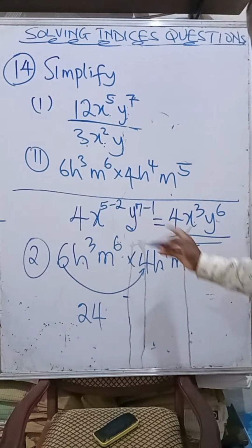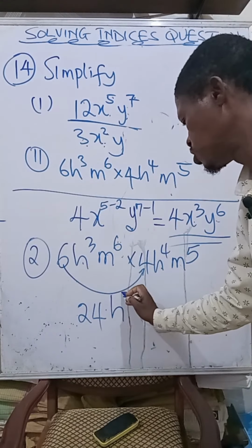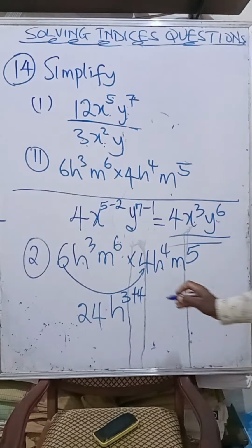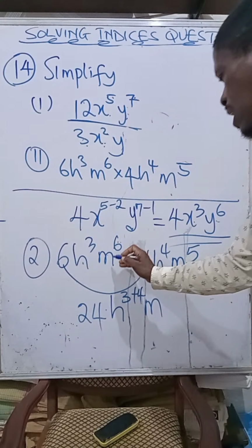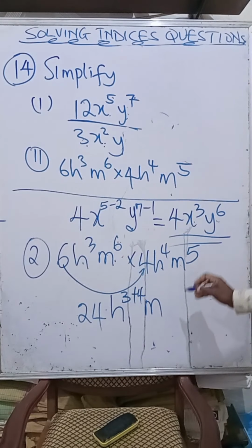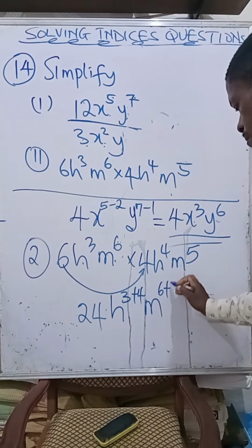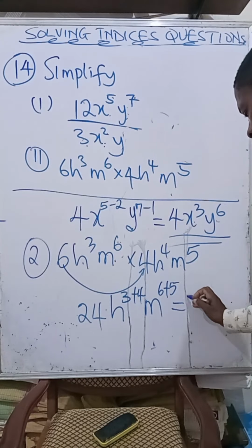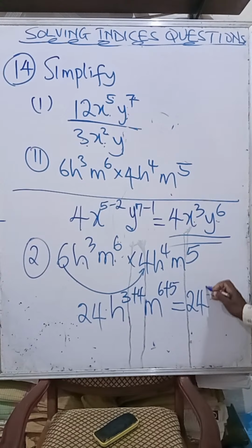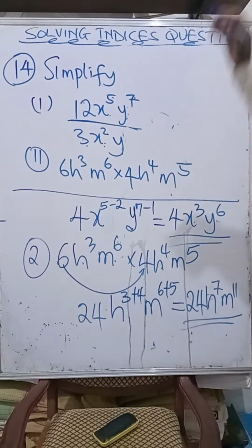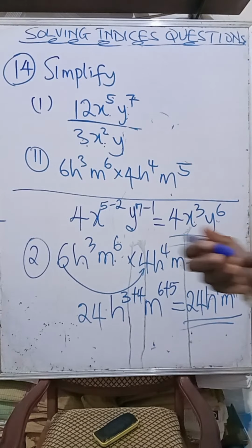We are multiplying, so that will be h to power 3 plus 4. We have m also. We are multiplying m to power 6, m to power 5. You take one of the m and then you add the powers together. And the final conclusion, we have 24 h to power 7 m to power 11. And that's that on that particular question.